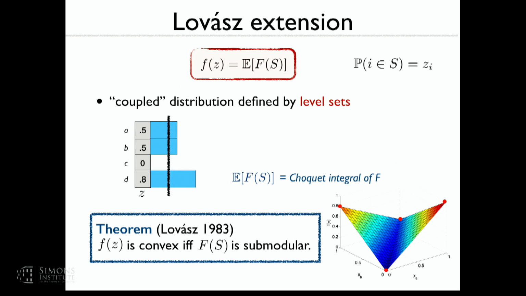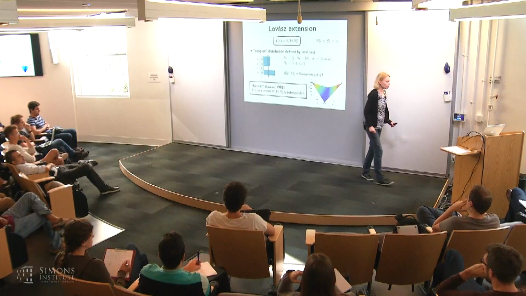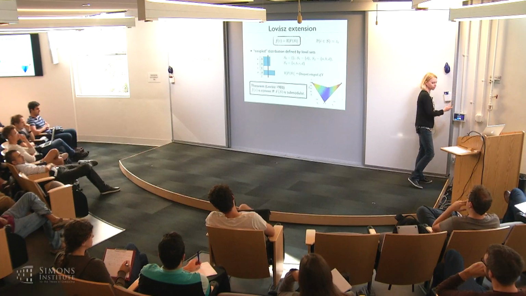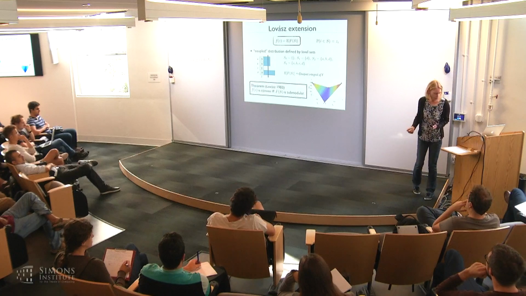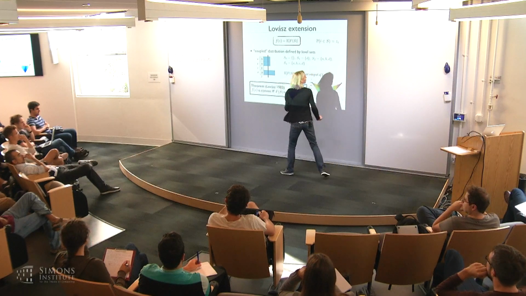To see this, let's take a closer look at what the evaluation of this is. I said you have these level sets as you take your threshold and you go through here. In that expectation, you have to use each of them and use a combination of these with weights. So what's going to be that combination? Let's do it here.